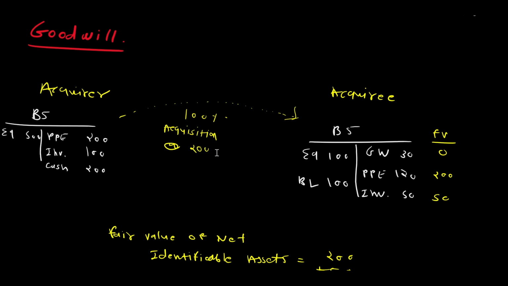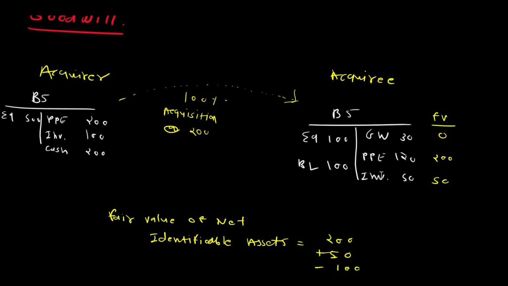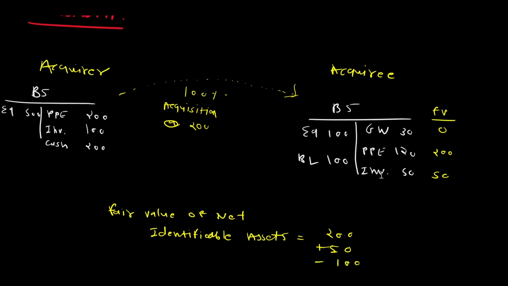So when a company buys any company, they don't directly show its book values in their books. Rather, they go to the market and calculate its fair value of net identifiable assets.